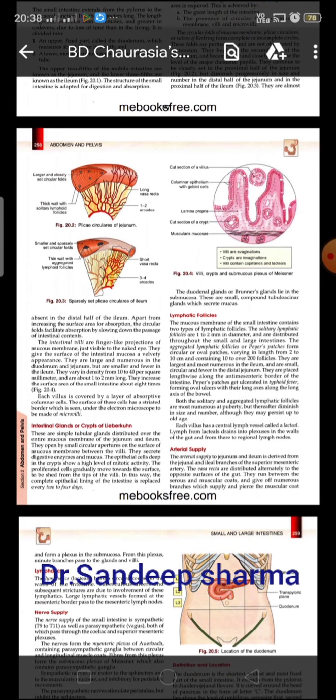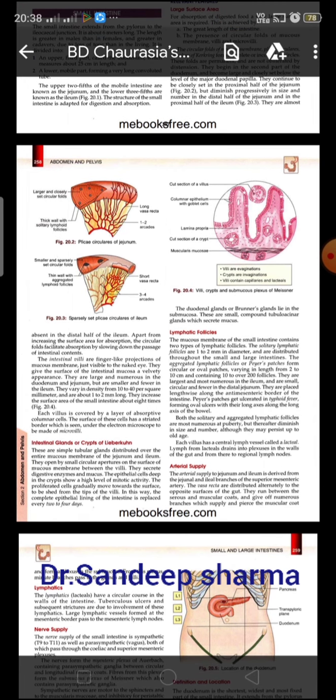The mucous membrane of the small intestine contains two types of lymphatic follicles. Solitary lymphatic follicles are 1 to 2 mm in diameter and distributed throughout the small and large intestine.